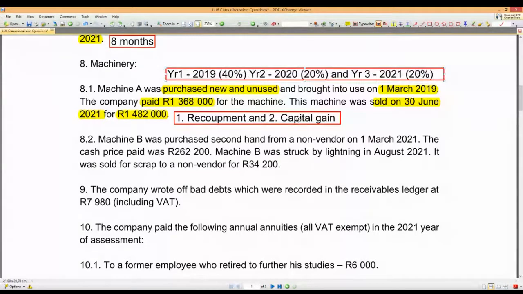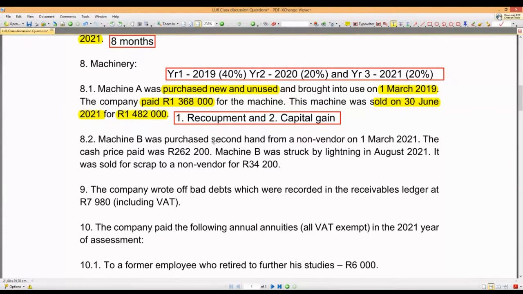So when we work out the recoupment, we will recoup, in fact, these deductions or the capital allowance that we have received, because we are capped at the original cost when we work out the recoupment, and then the difference between the original cost and the sales value would then be seen as our capital gain.